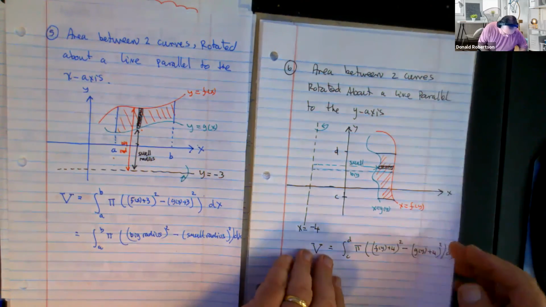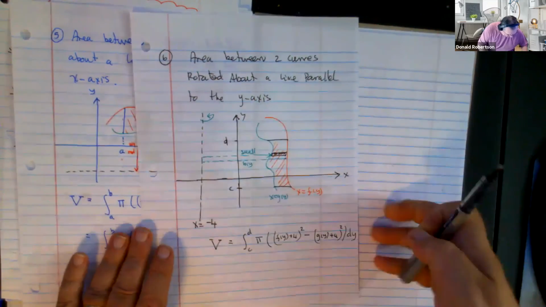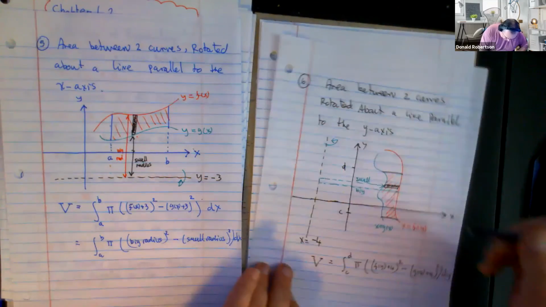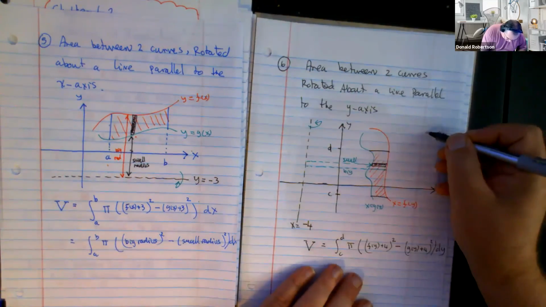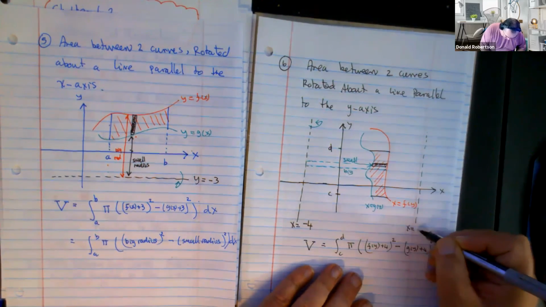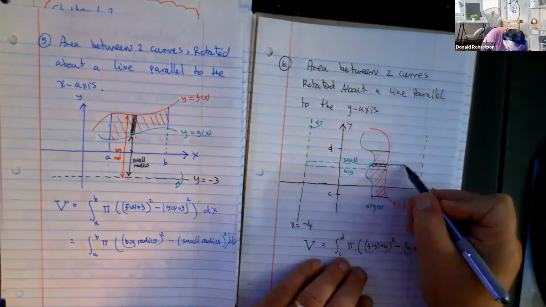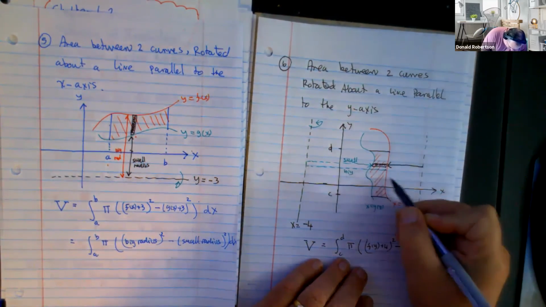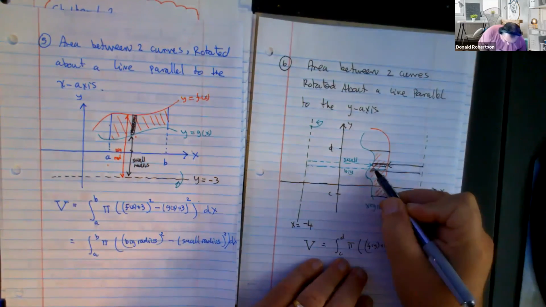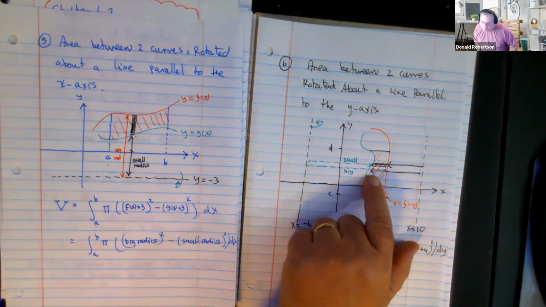Now, what would happen, and I forgot to do it on this one here, but what would happen if the axis of rotation was on the other side? Let's suppose at x equals 10. Well, can you see that everybody changes places? Do you see the red curve is going to be the small one and the green curve is going to be the biggest?